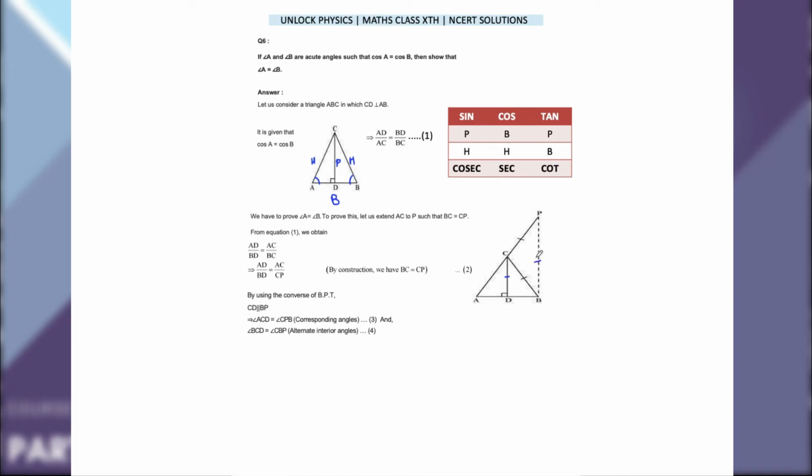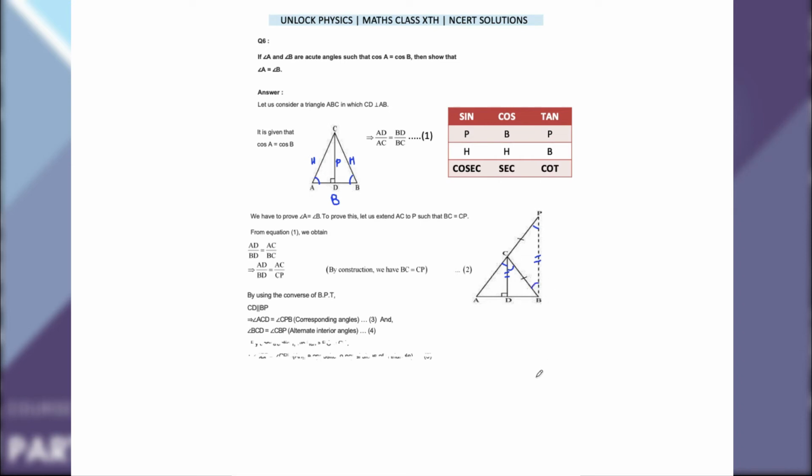These two lines are parallel. So angle ACD, this angle, would be equal to angle CPB, this angle. And angle BCD, that is this angle, would be equal to angle CBP.